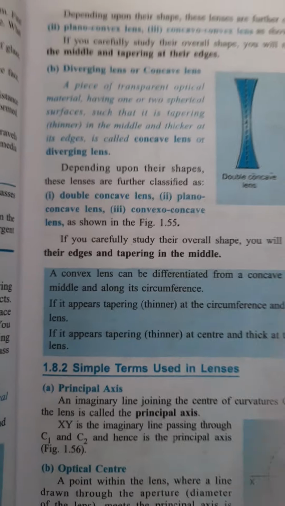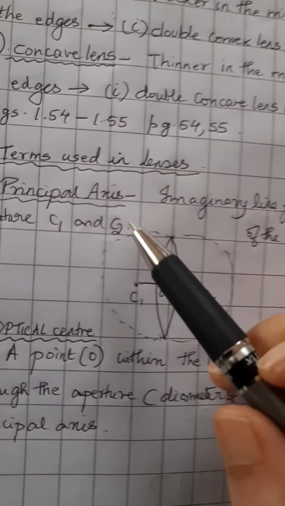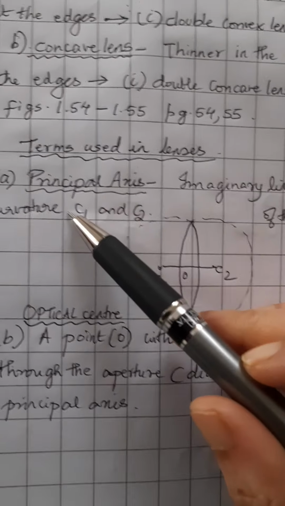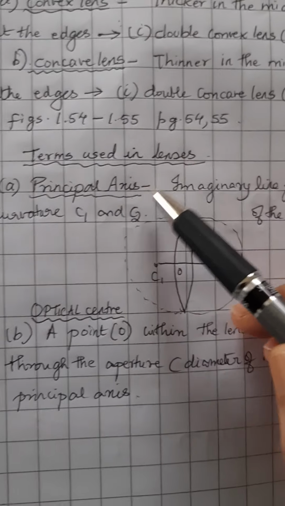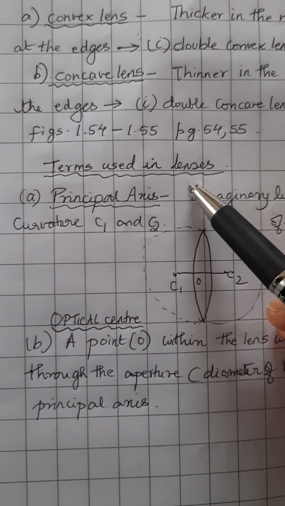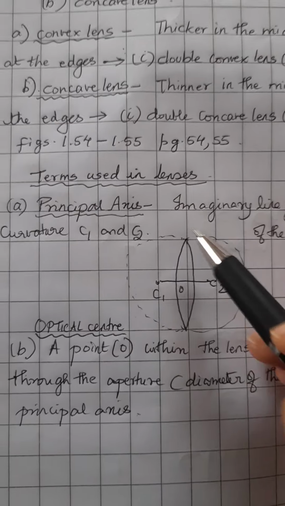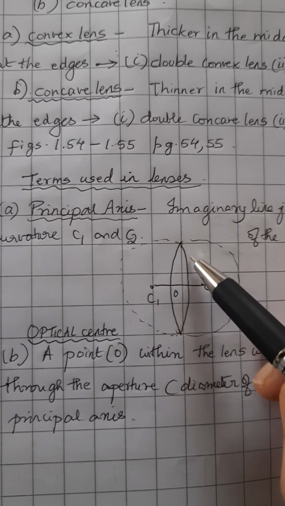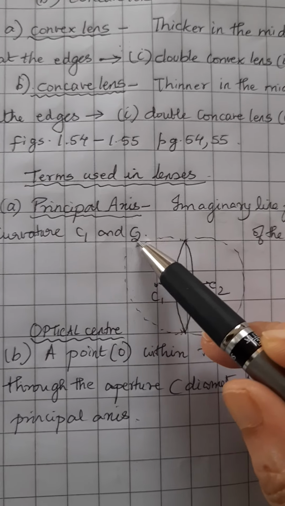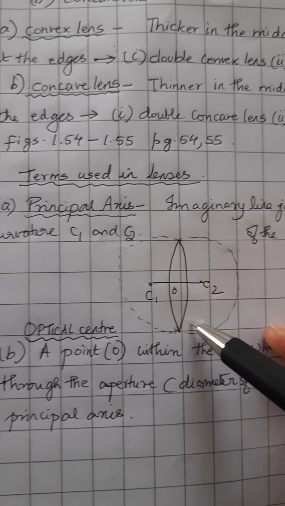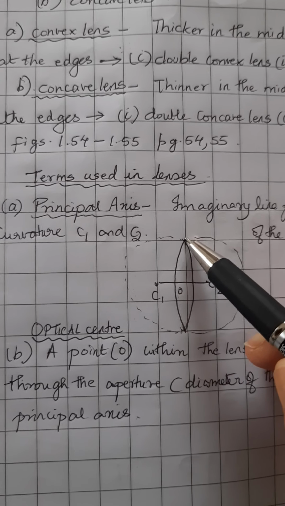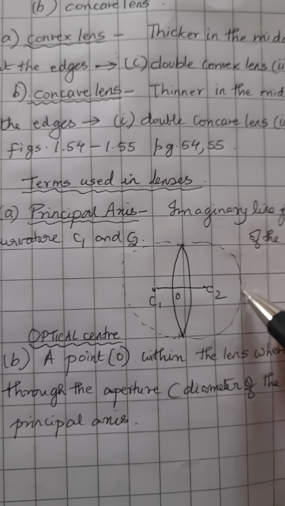Let us look at the terms which are used in lenses. These are the terms that you will be needing in this chapter. First one is the principal axis. If this is the convex lens, this side is a part of an imaginary sphere, and this side is a part of another imaginary sphere.